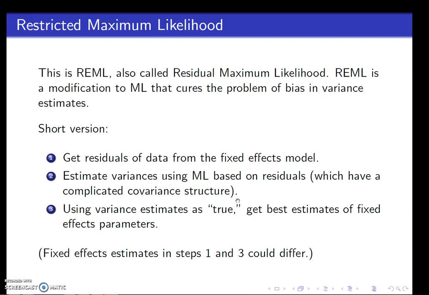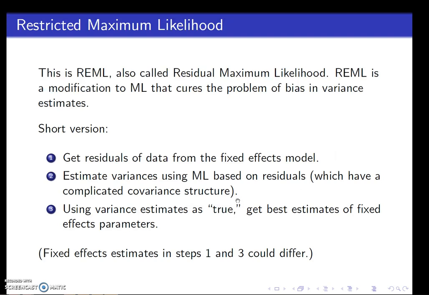So a solution that was devised over 20 years ago was the residual maximum likelihood method. It is basically a modification where we use the residuals of the fixed effects model, estimate our variances using maximum likelihood based methods on those residuals, and then using those variance estimates as the correct solution, we get our best estimators back for the fixed effects.